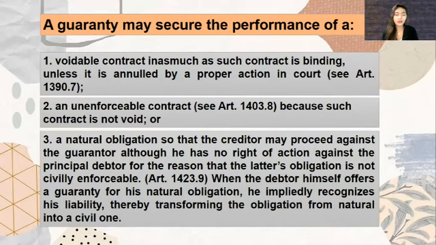And number 3, a natural obligation, so that the creditor may proceed against the guarantor, although he has no right of action against the principal debtor for the reason that the latter's obligation is not civilly enforceable. When the debtor himself offers a guarantee for his natural obligation, he impliedly recognizes his liability, thereby transforming the obligation from natural to a civil one.